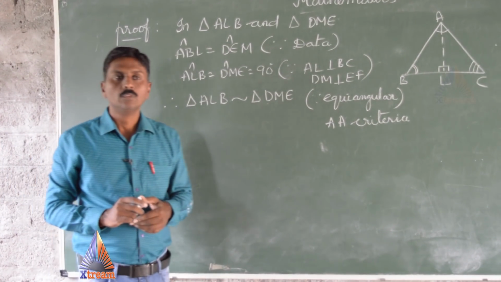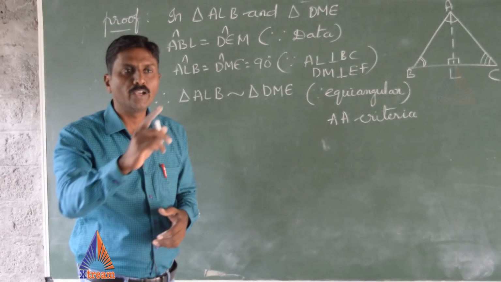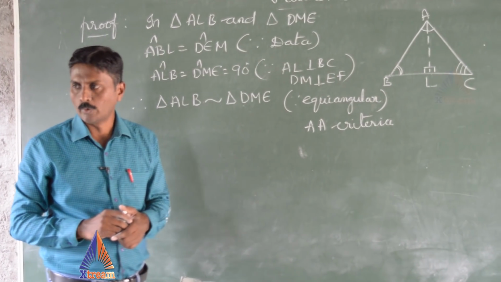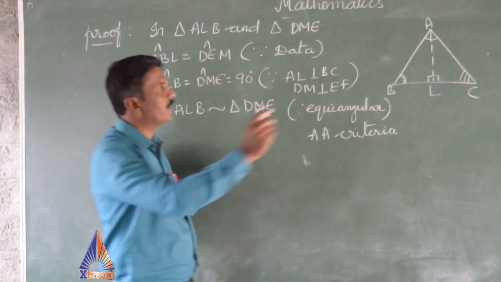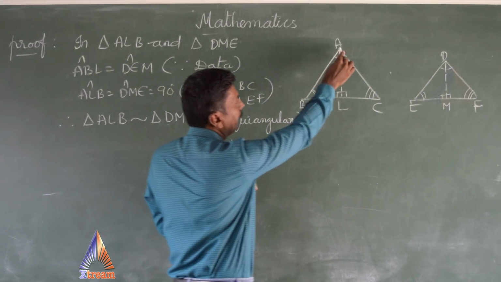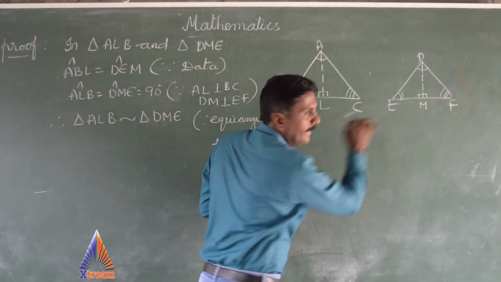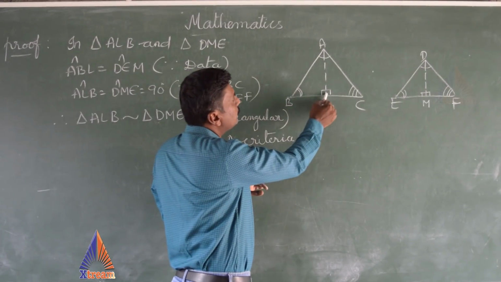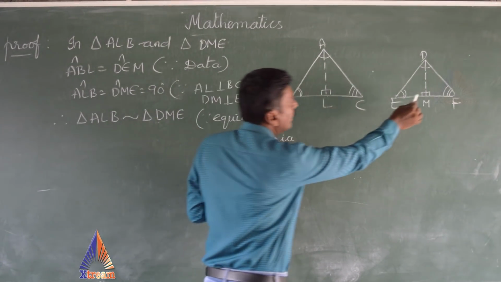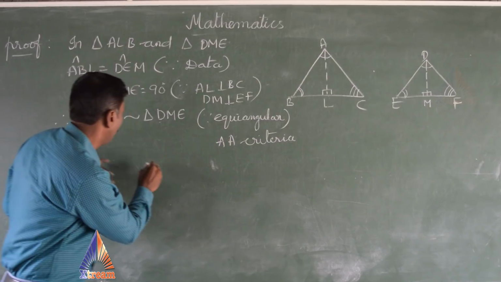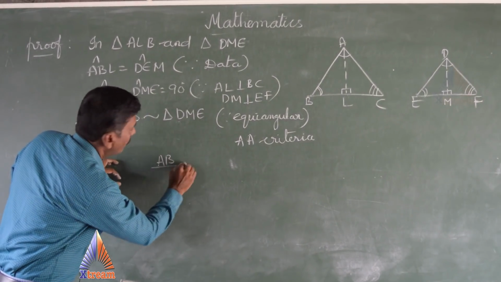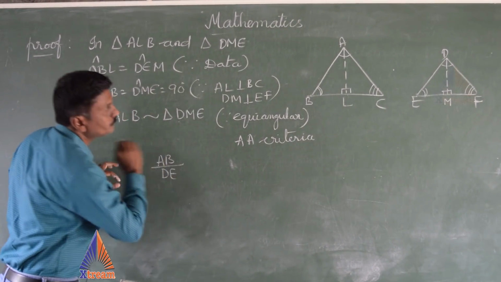Now we have to list the corresponding sides. Look at this. ALB is equal to DME. What is the side opposite to ALB here? AB, and here DE. AB by DE.